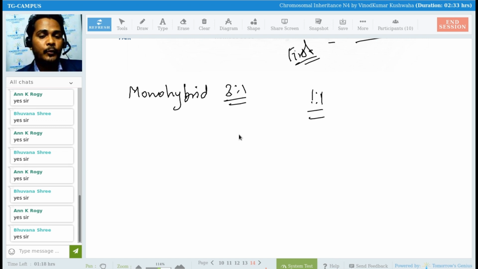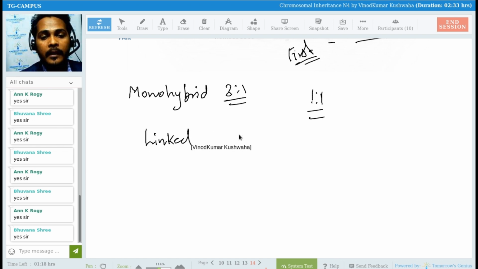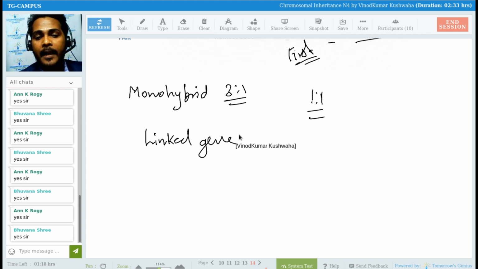The kind of ratio which we generally find is 9:3:3:1, right? And in both the crosses, 50% parental type and 50% recombinant is generally observed in the unlinked gene. So these are two important concepts which you all should remember: what is a linked gene, and what is an unlinked gene.